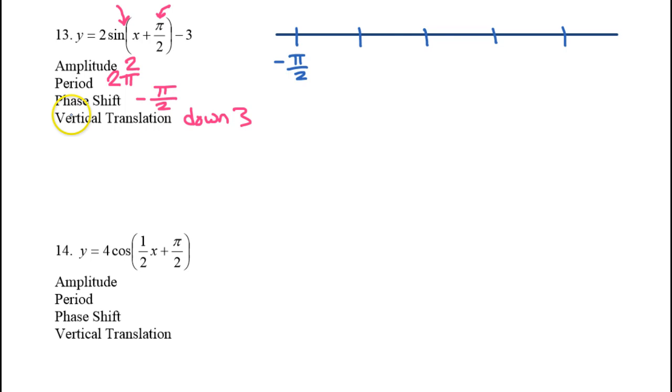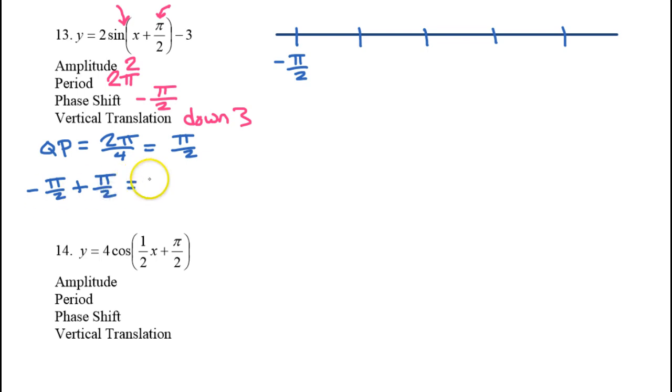So what is the quarter period? Well, since the period is 2 pi, that means a quarter period is going to be 2 pi divided by 4, which reduces down to π/2. So I need to take my initial -π/2 and I need to add π/2.